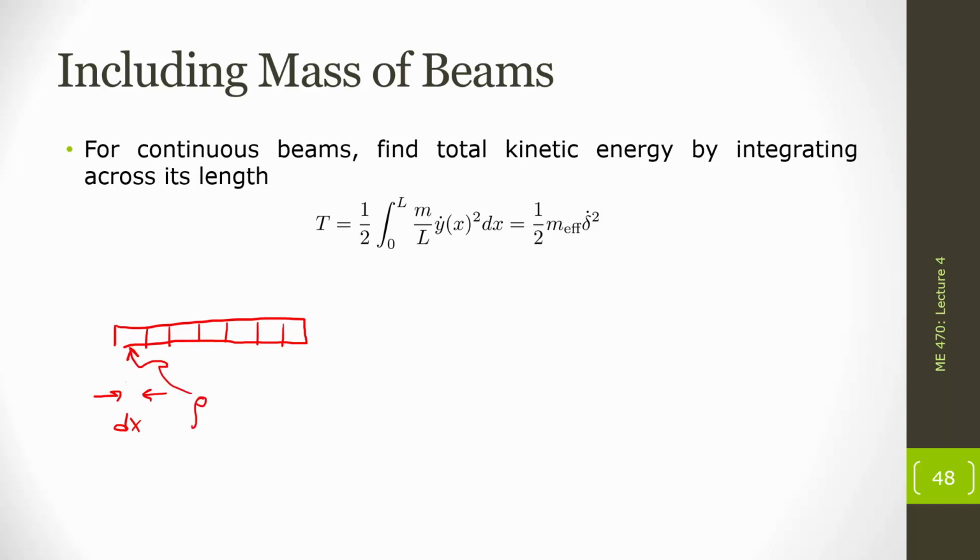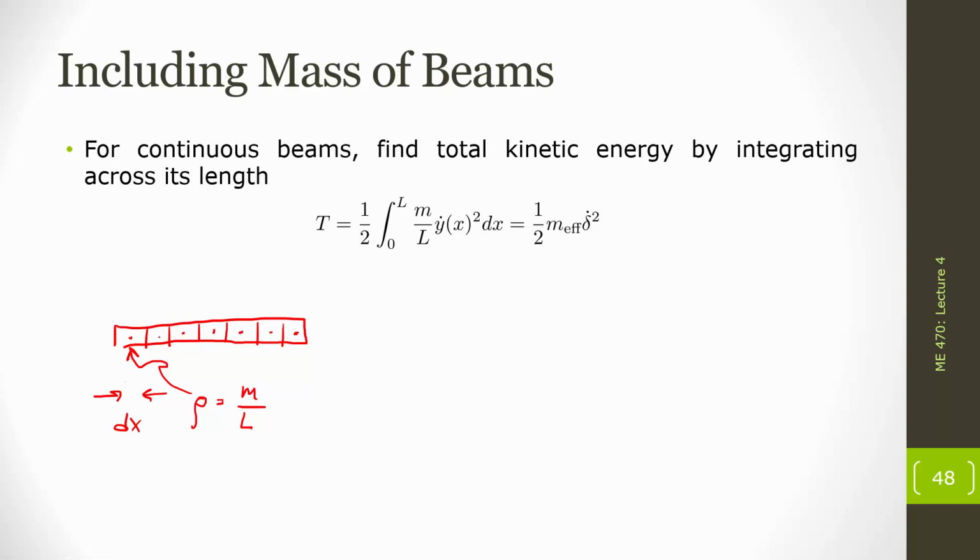So the linear density would be like in kilograms per meter or slugs per inch, something like that. That density rho is going to be taking into account the width and the height of the beam. Now, in the case where we have a uniform beam, where it's homogeneous, then the linear density is just going to be m over L. So I'll simplify it to that for right now.